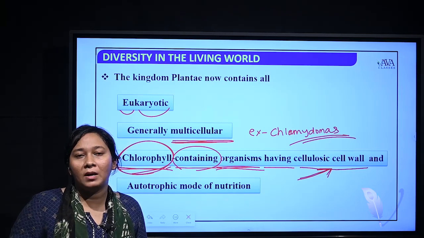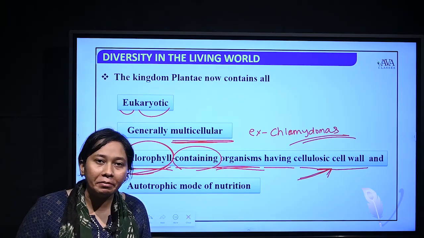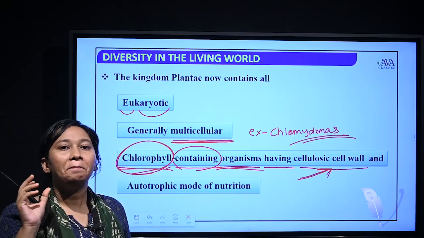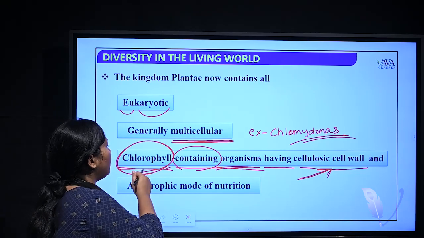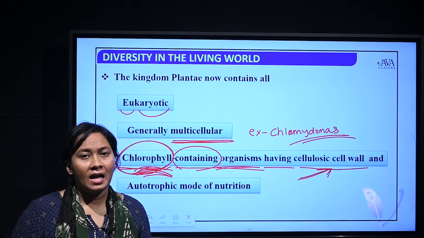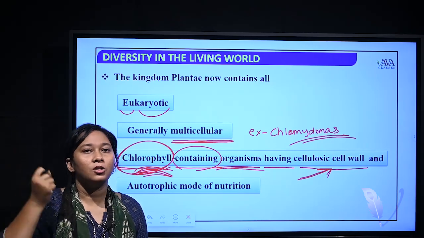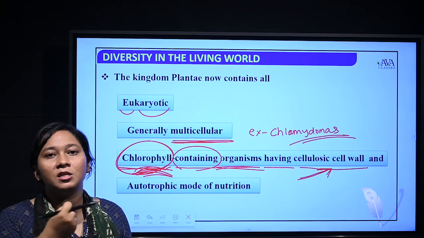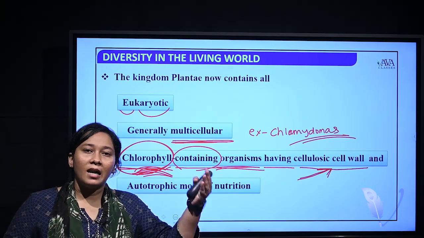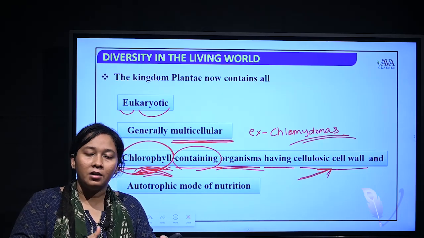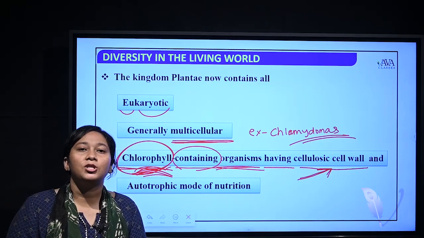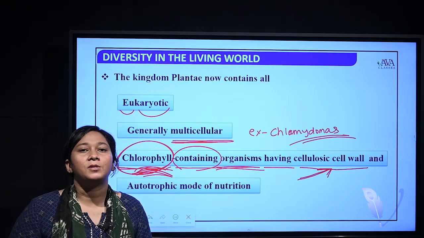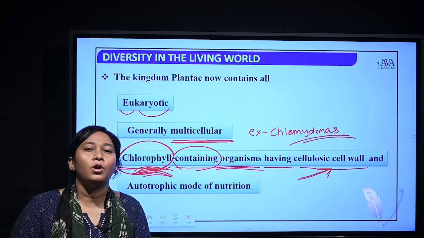Inside the chloroplast, as we studied in our previous classes, a pigment is present, that is chlorophyll. This chlorophyll has the potential to capture sunlight, and when it captures the sunlight, it derives energy from that, and using inorganic substances, it converts them to an organic substance, glucose, which is the food of the plants.